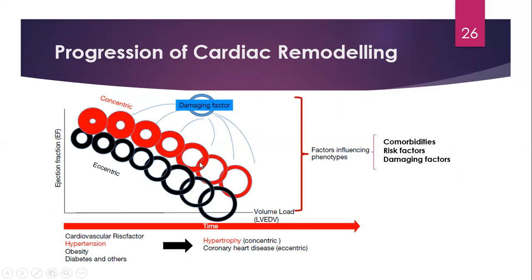And this progression is influenced by certain comorbid factors, risk factors, and other damaging factors that will influence the phenotype, whether you're going to have concentric or eccentric remodeling. And some of those risk factors are listed there, as you can see.